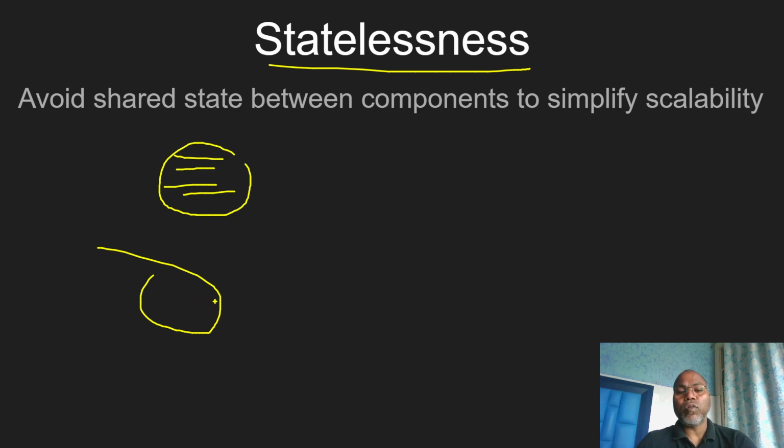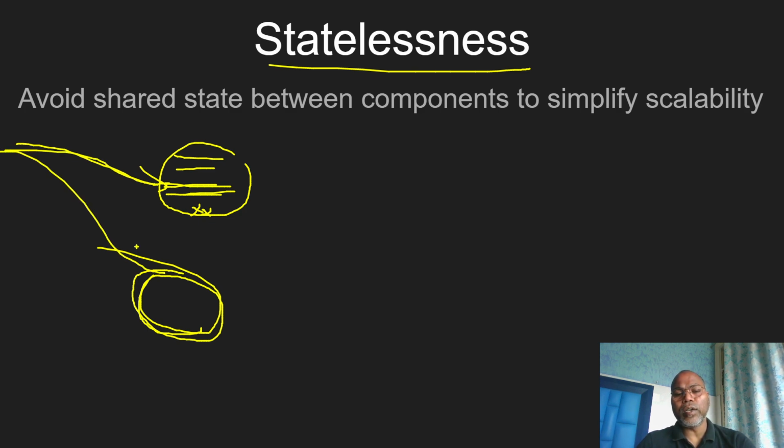Let's say there are 2 instances, and one request comes here and does something, and some specific session information is stored here. The next request, maybe from the same customer, goes to the other instance, and this data is not replicated there, not available. You can say, hey, something unwanted happened.